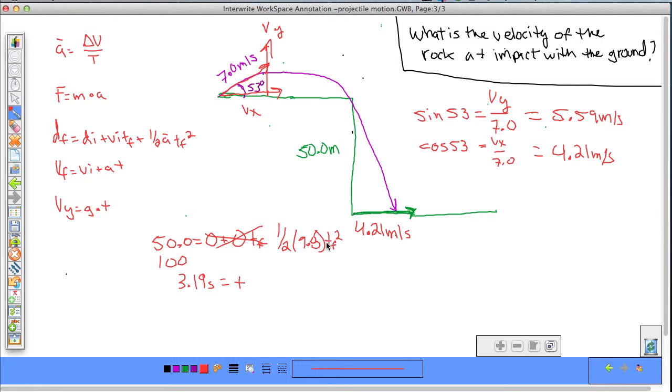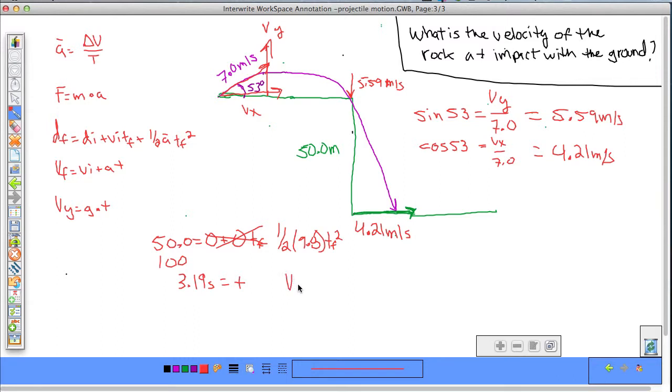All right, so what am I going to do with that? Well, my velocity in the y direction, remember I started with 5.59 because that's what the rock has at this point right here. So it's got a velocity vector already of 5.59 meters per second. I'm going to fall for 3.19 seconds, and I'm going to then be adding to that the acceleration of gravity.